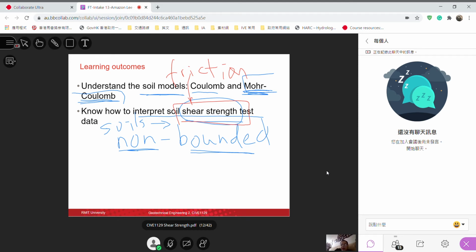But when it's subject to stresses, at the interface between one soil particle and another, we're able to mobilize the frictional resistance between particle surfaces, and this frictional resistance therefore becomes shear strength.